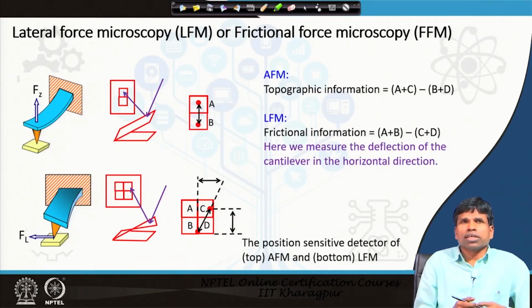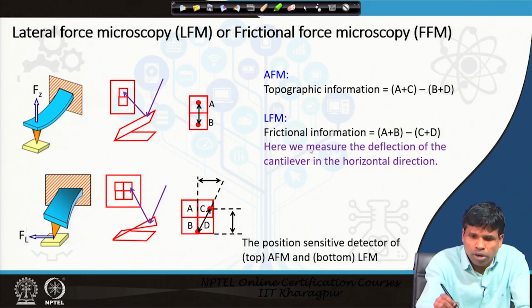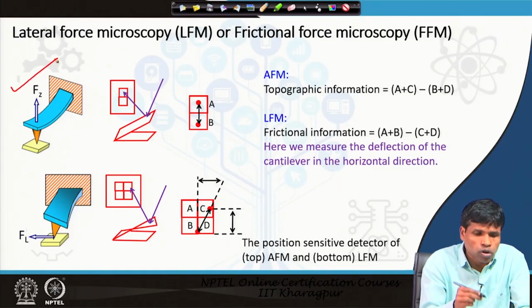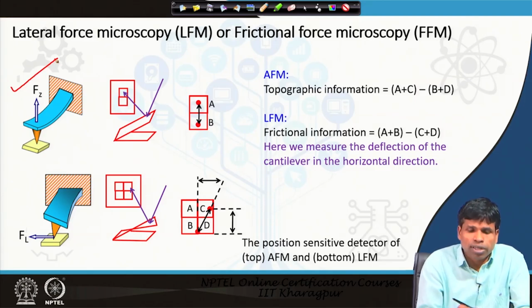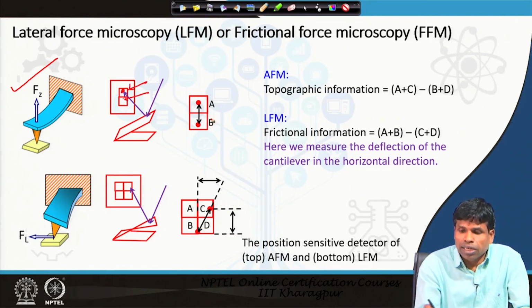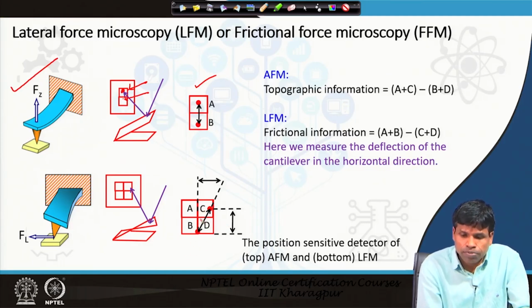And this is what you see in the graph. This is a regular topography AFM image. We locate the displacement of the cantilever in the upward or downward direction. Therefore, from the reflected laser light here we will know up and down, and this is the topography image. And if we use the position sensitive detector with 4 quadrants, then we can see that frictional information can be obtained.